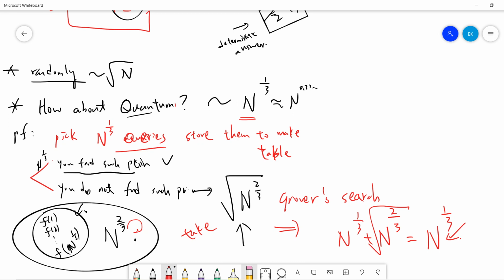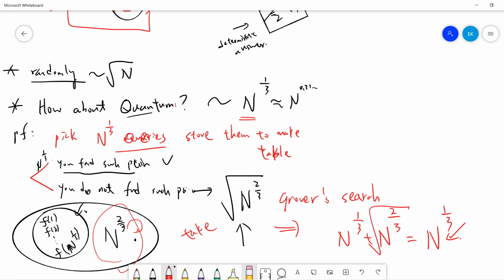Let me just explain the idea again. You pick the first n to the 1/3 as your queries, and then you store them to make a table. There are two cases. In the first case, you find such a pair, so it is a success. If you do not find such a pair, then for the rest, n to the 2/3, you take any element and see whether it is already in the lookup table.